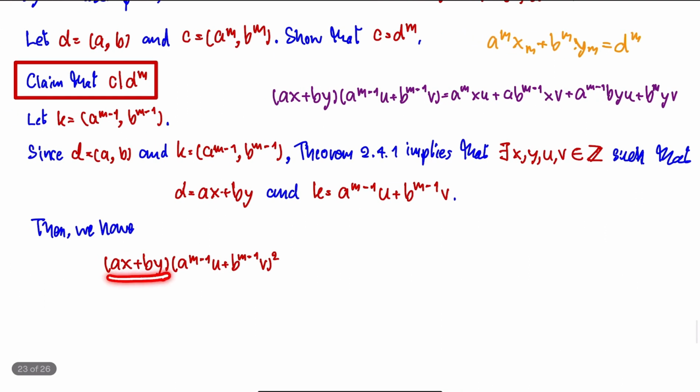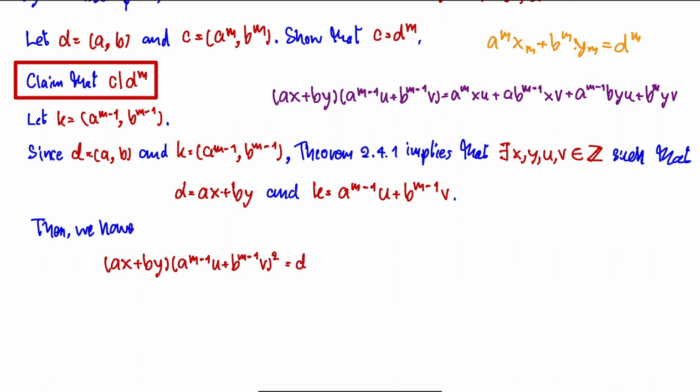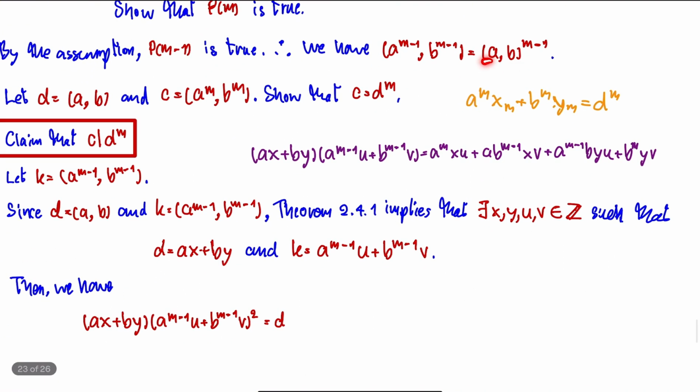So this one right here is d, right? This term is d. Now what about this term? Take a look at this one here. This term is the greatest common divisor of a and b raised to the power of what? Of m minus 1, right?